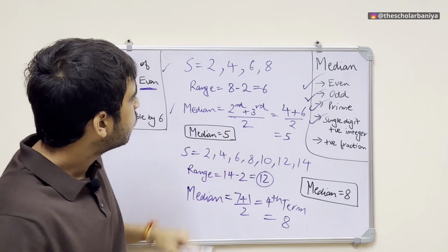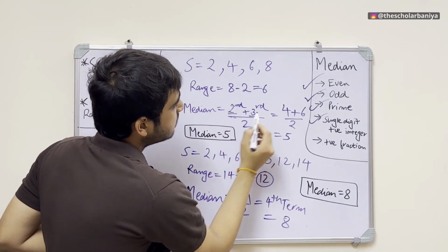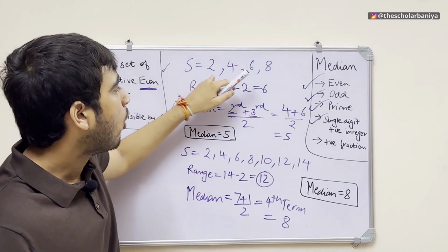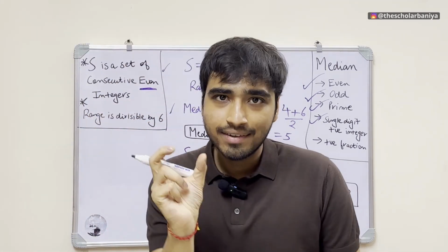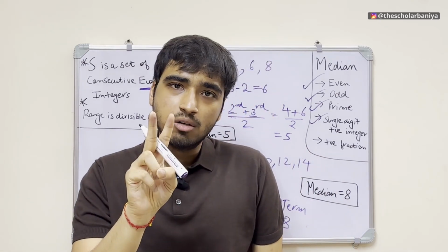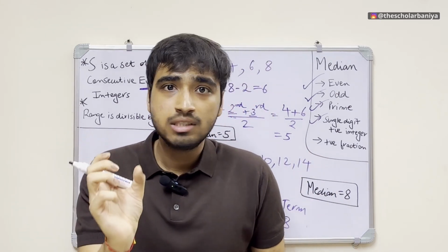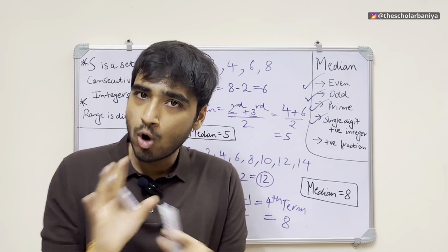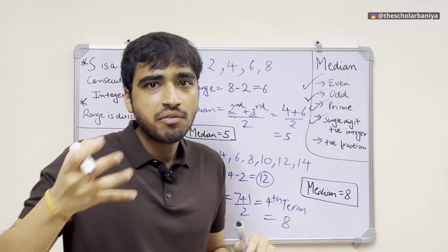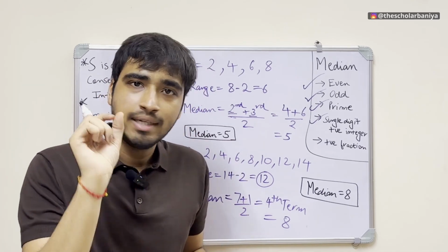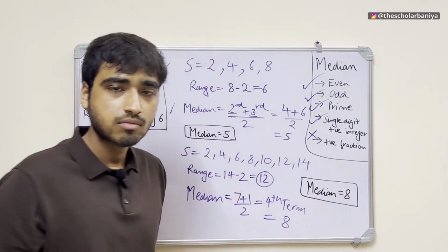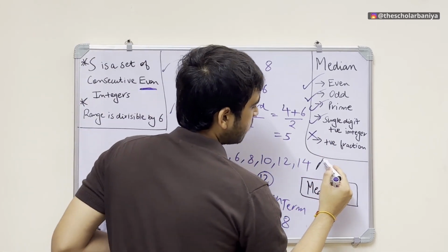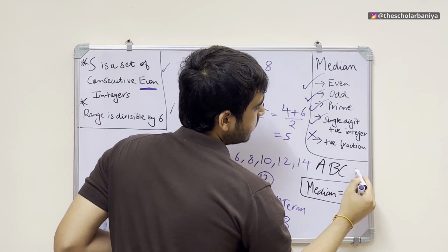But we know both terms are even, because all the terms of the set are even. So even if you add two terms, the sum will always be divisible by 2, so it will always be an integer. It will never be a fraction. So this is not possible, and your answers are A, B, C, D.